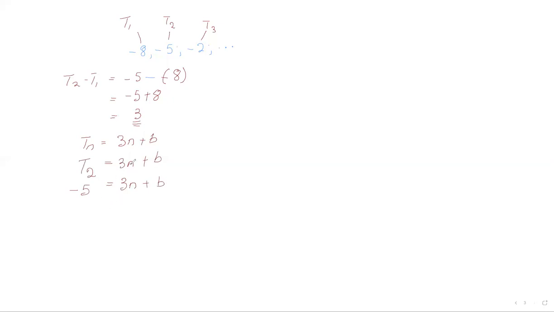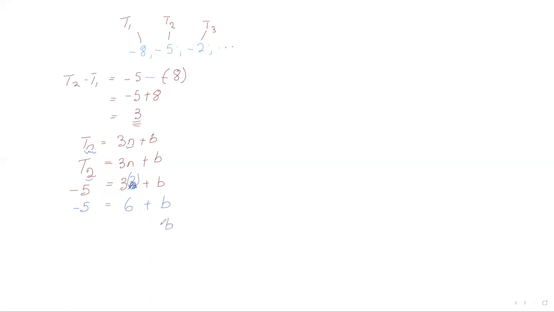But we have changed that, so it means this n must change. If we have 2 here, there must be a 2 there. 3 times 2 is 6 plus b is -5.